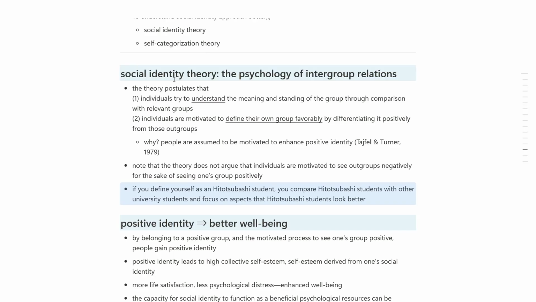But if other people say that, you are more likely to say, well, maybe, but it's not really important or central to our identity. And so you can minimize the impact of negative aspects of Hitotsubashi students on your own identity.